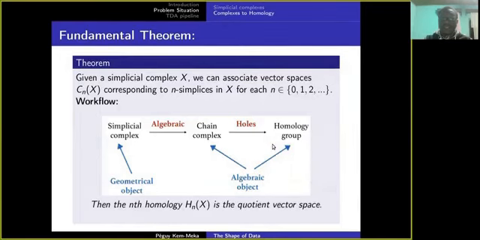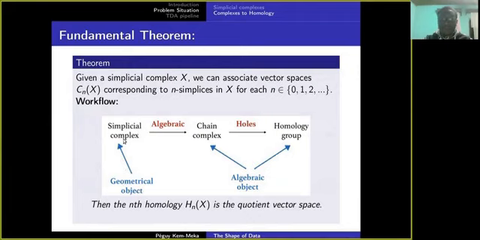Since I know already the notion of simplicial complex, let's give this workflow. We will always start with data which are a point cloud. We will have to build a simplicial complex on top of it, which corresponds to a graph, therefore a geometric object.